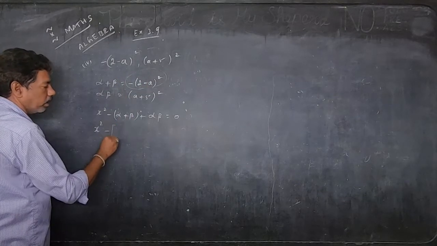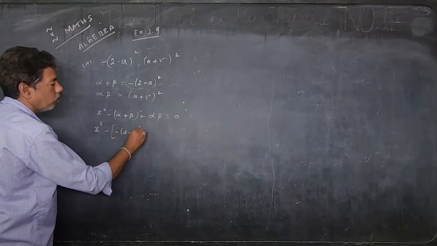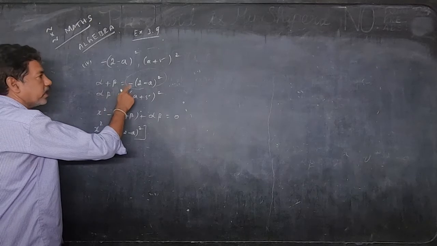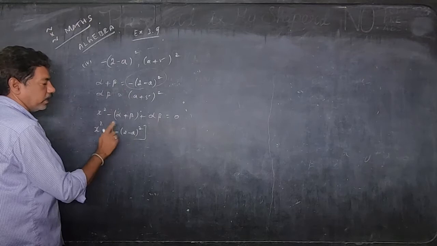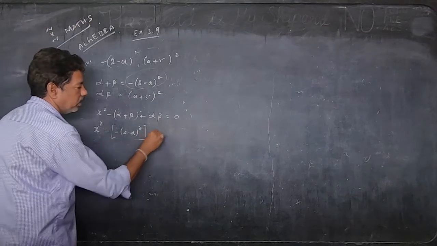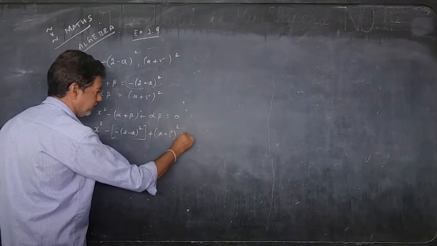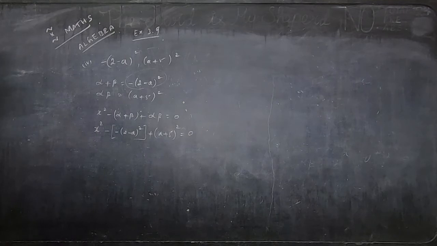Again you have to write minus 2 minus a whole square. Be careful in that. There is a minus in the formula itself and a minus in this term, so write carefully. Then alpha beta is what? A plus 5 whole square. If positive, no problem. If negative, be a little careful.